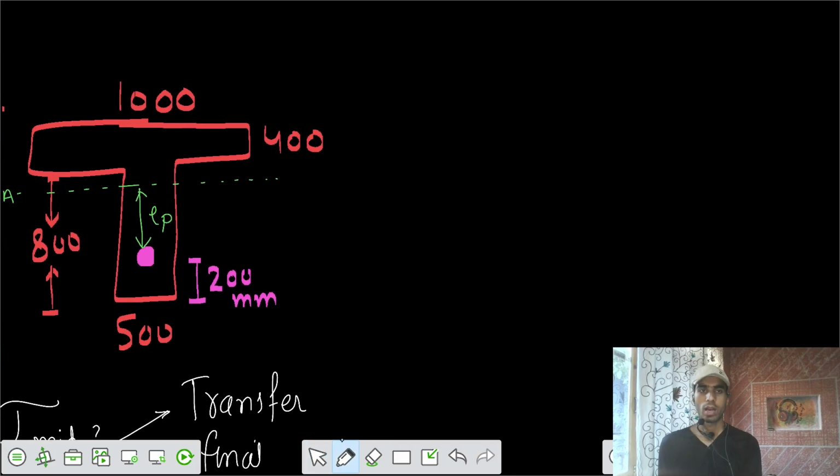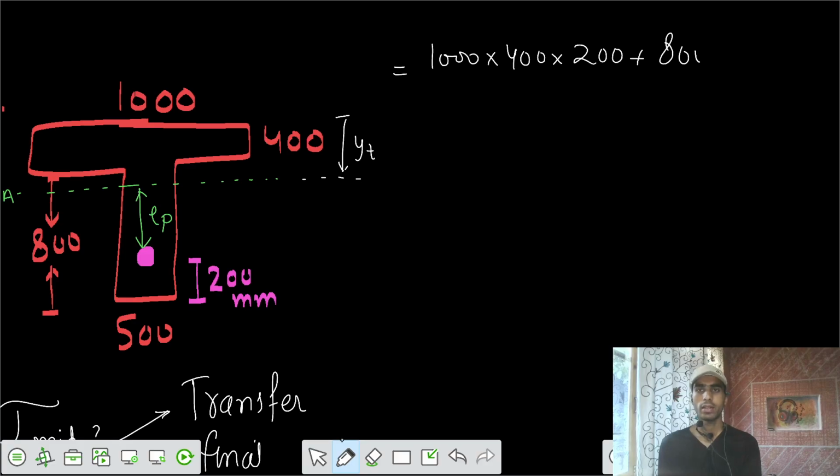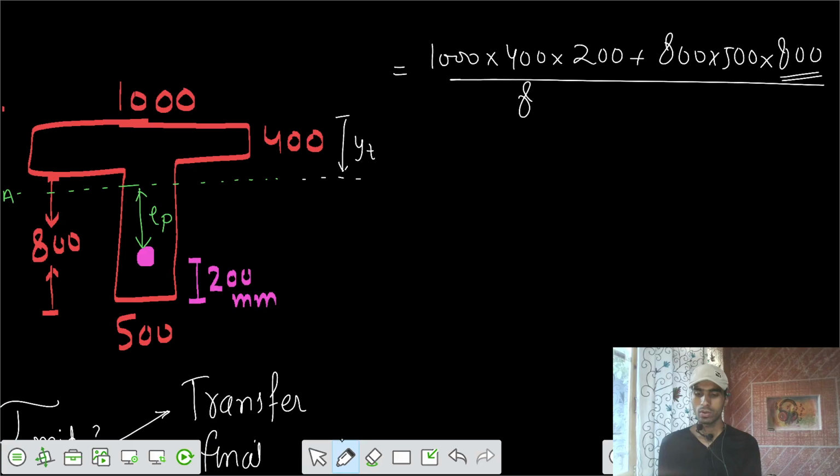Let's go for y top. That can be solved as 1000 into 400, acting at 200, plus the second area, 800 into 500, acting at 400 plus 400, that is 800, divided by the total area of the cross section, that's 800,000.